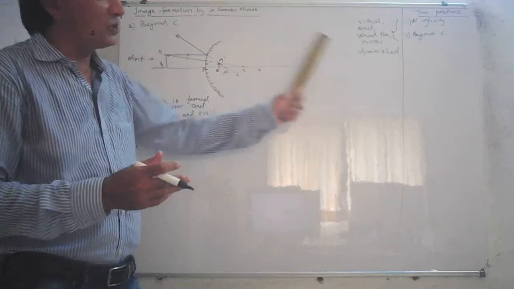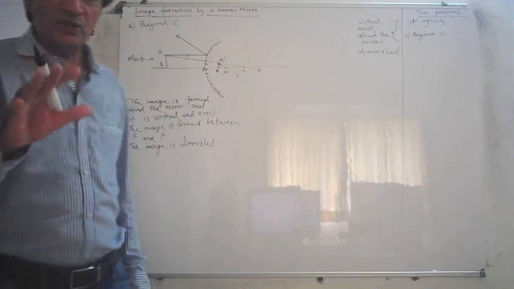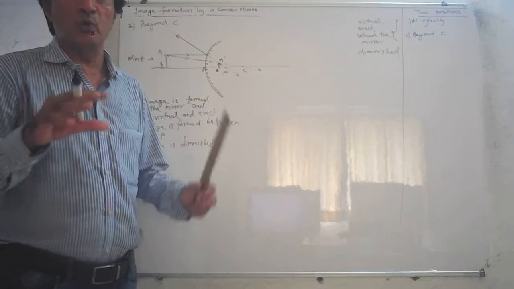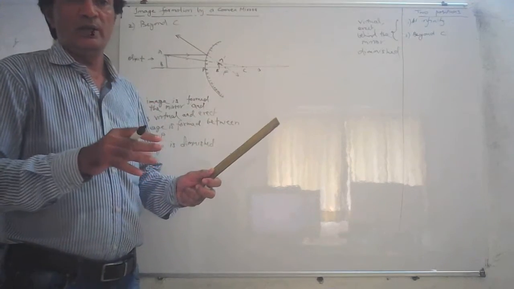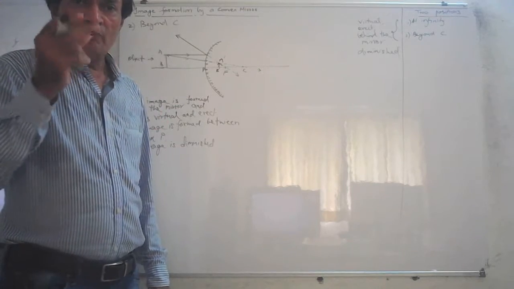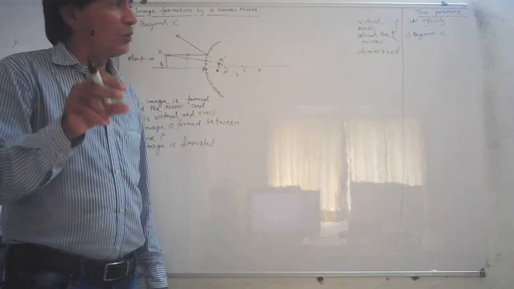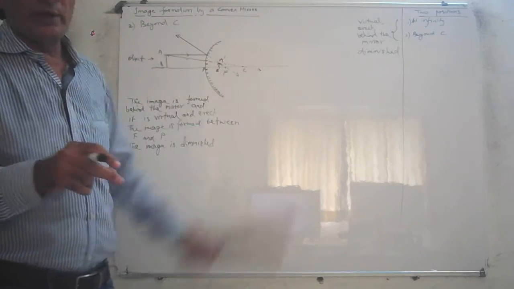In case of a concave mirror, out of 6 positions, in 5 positions the image was both real and inverted. Only in the 6th position, when the object was placed between the focus and the pole, the image became virtual and erect.